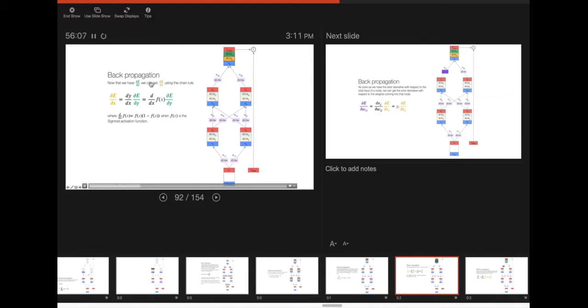So I want to now calculate what is dE by dx for just this first input. If my f of x was sigmoid, I can calculate that dE by dx is going to be the derivative of sigmoid times this previous error that I calculated.